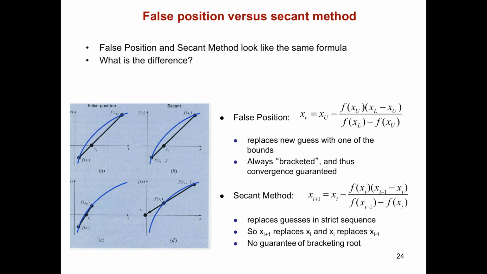And if you look at the formula, if you equate xl with xi minus 1 and xu with xi, you're getting the same formula. Key difference is that the secant method just starts with any 2 values and keeps going. In false position, you actually have to make sure that xu and xl are a bracket, meaning that function f has opposite sign for f of xu and f of xl. But formally, they look the same.